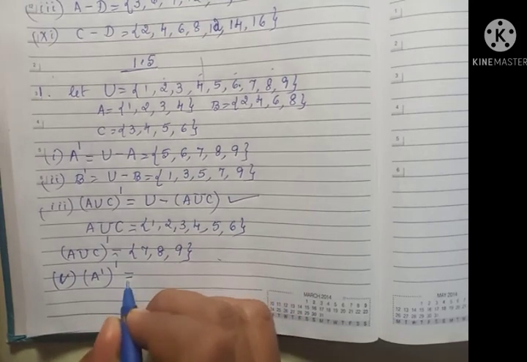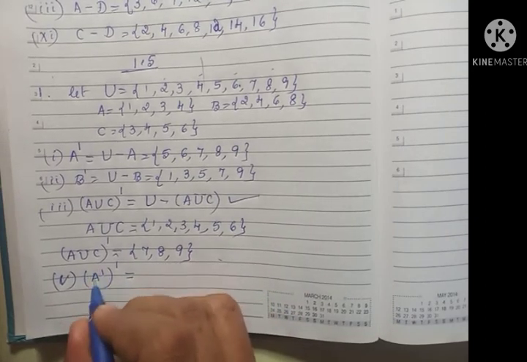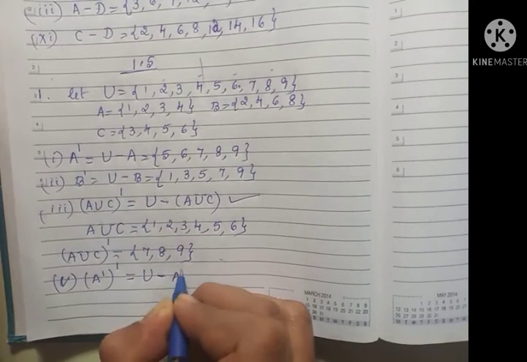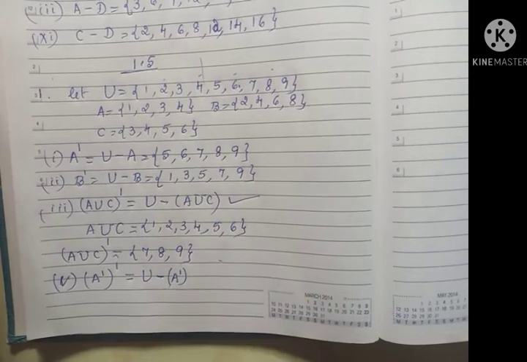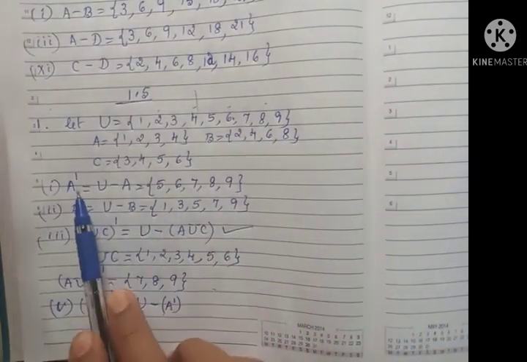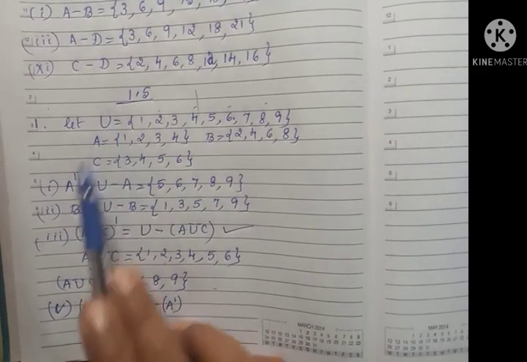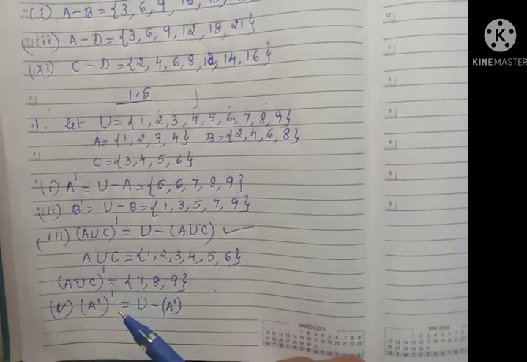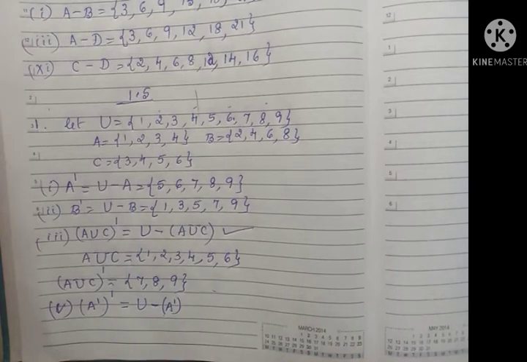So A complement you know. So this is one set. U minus A complement, A dash. We already calculated what A dash is. Now U minus A dash will give this one. You know the property, that is nothing but A. So you should get the set A itself here.